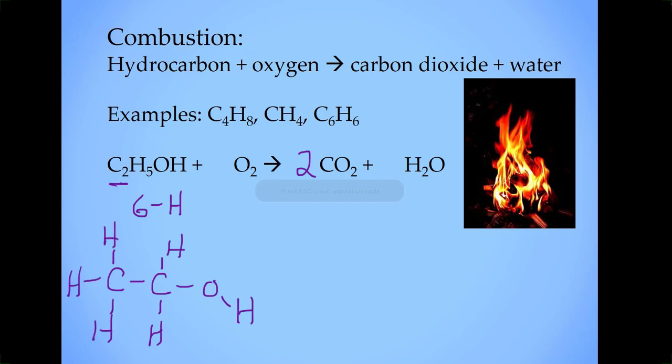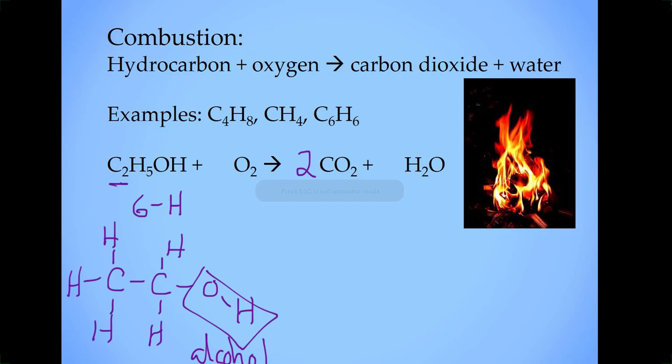We have 2 carbons and we have 5 hydrogens around those carbons, and then we have an OH group at the end. This OH group is an alcohol group. So when you take alcohol and react it with oxygen, and you might need a little bit of a spark to get this going, you will get carbon dioxide and water.